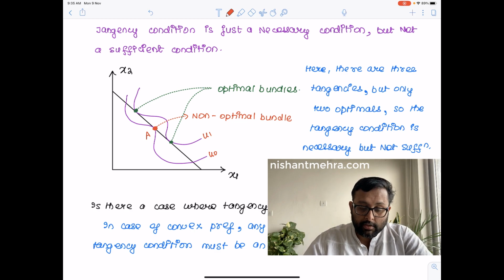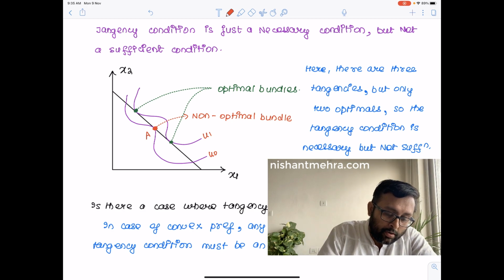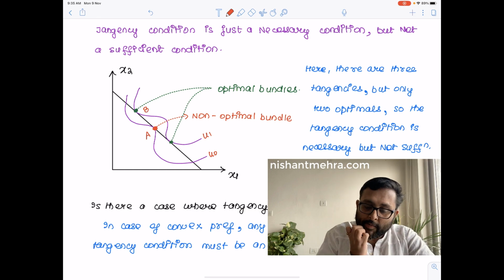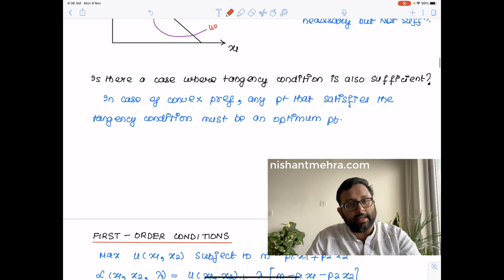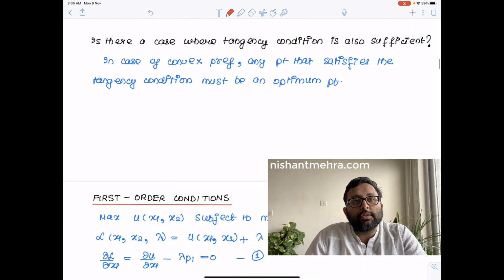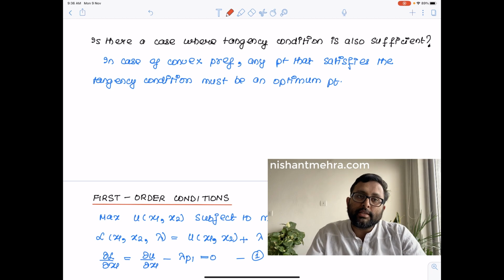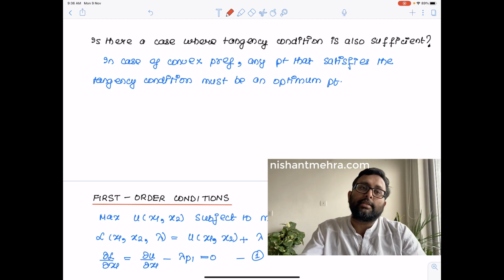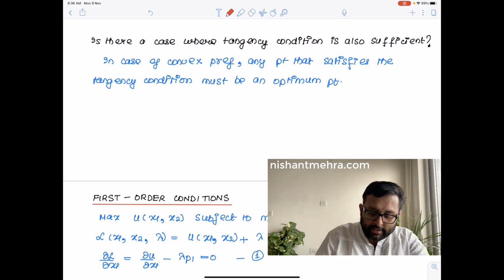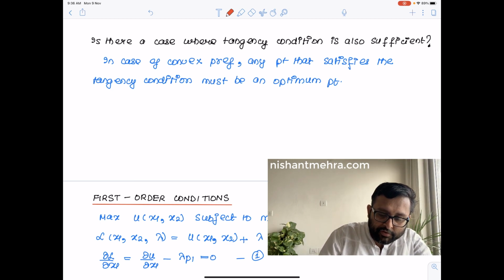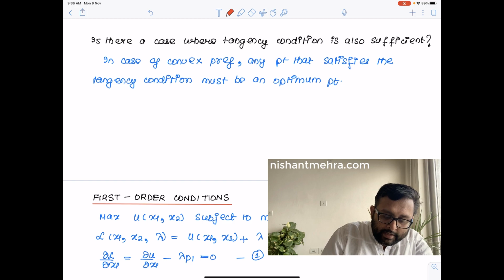But the other optimal bundles, for example, B and C, are the optimal bundles, right? So the question arises: is there a case where you can say that tangency itself is a sufficient condition? Yes, there is a case where you can actually say that tangency itself is a sufficient condition, and that case is like this.